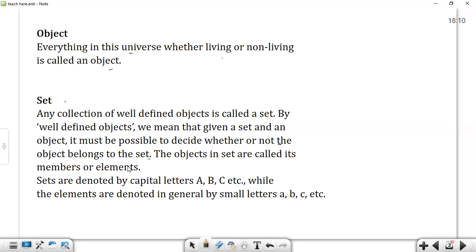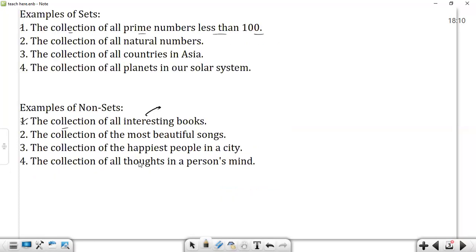If we are sure about the nature of the object, then we can term that collection a set.